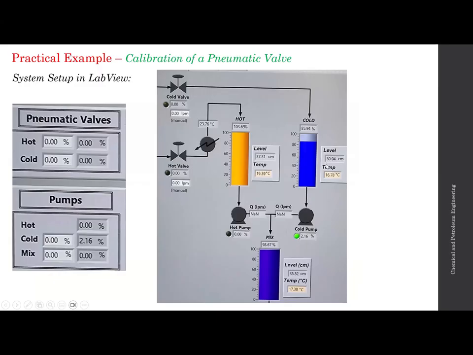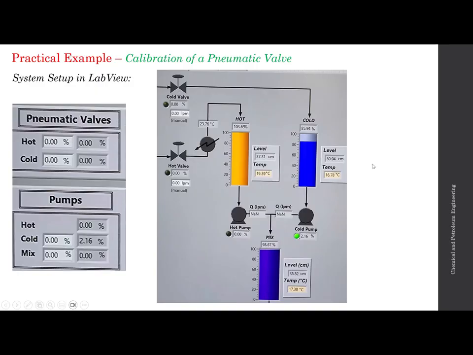So basically, if I want to show it from another perspective, this is with LabVIEW. You can see that water comes here going through a pneumatic valve. It may get heated up with the package that it has around it. Water also comes and goes through another pneumatic valve, comes here, and then they all get into another line to get to the third tank.